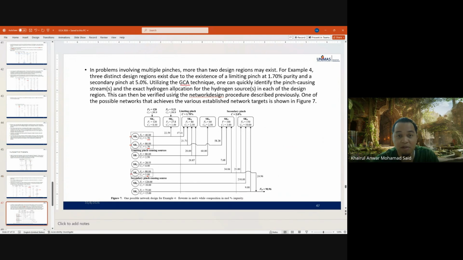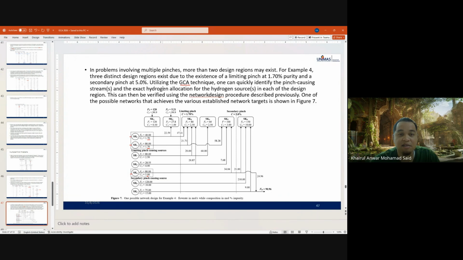So in problems involving multiple pinches, more than two design regions will exist. For example, there are three distinct major design regions, consisting of the limiting pinch at 1.7% and the secondary pinch at 5%. Here and here, source 1 and source 4.